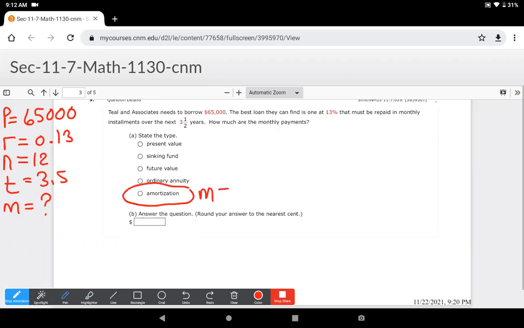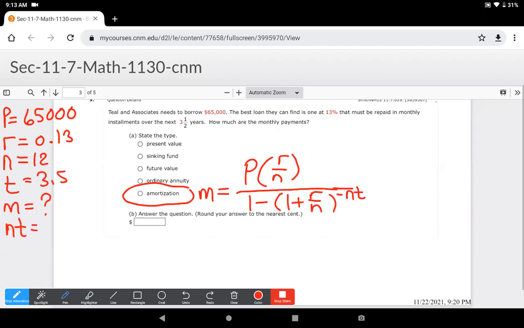Where we have M equal to P times R over N divided by 1 minus quantity 1 plus ratio R over N raised to the negative NT. Okay, so R over N doesn't clean up. N times T, that will be 42 again, right? We saw that number before, actually.